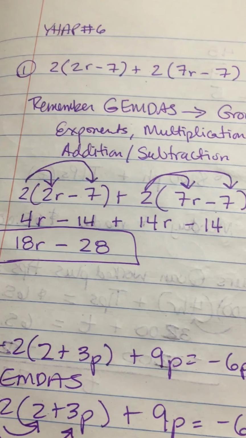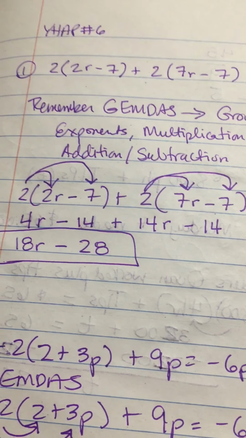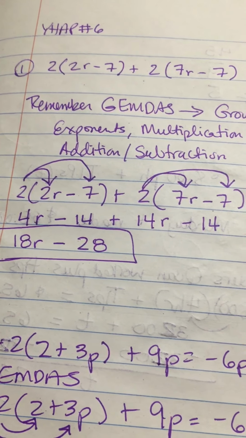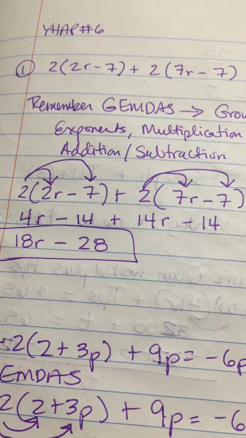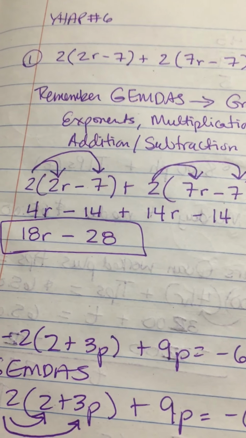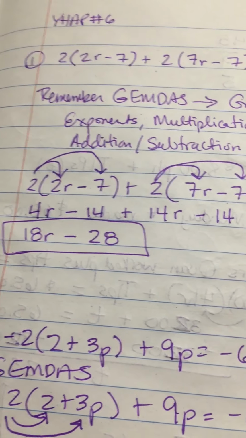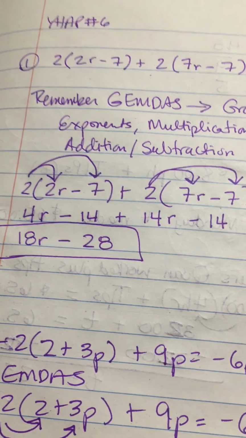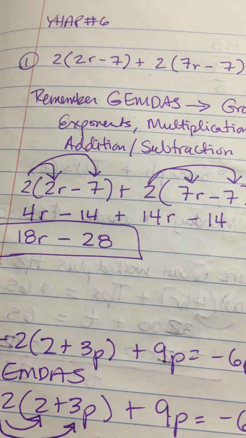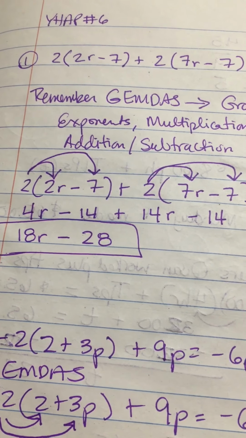Now, usually I transform my subtraction situations to addition because it's easier to add than to subtract. Those are the rules I've always lived by. But if you have negative 14 plus a negative 14, they're not going to cancel each other out.